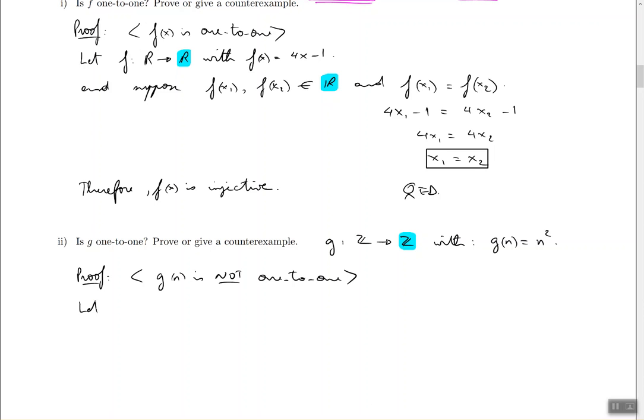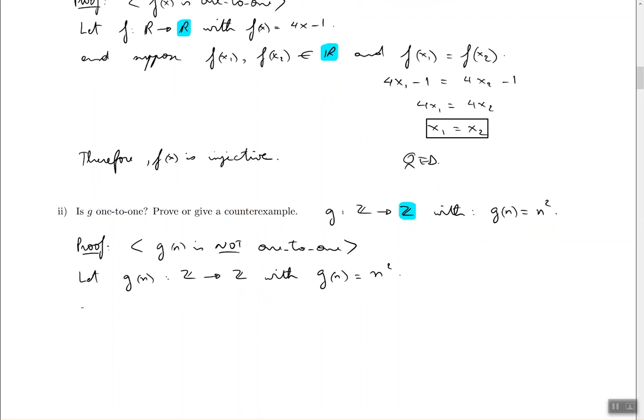So I'm going to start again by letting g of n be the function that goes from Z to Z again, with g of n equaling n squared. And I'm going to suppose, like I did in part 1, that there are two y coordinates, g of n1 and g of n2, that come from Z. Which Z am I talking about here?